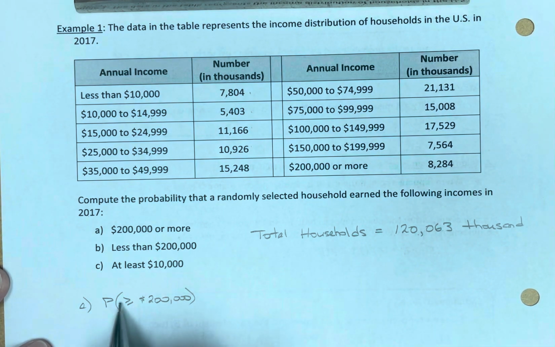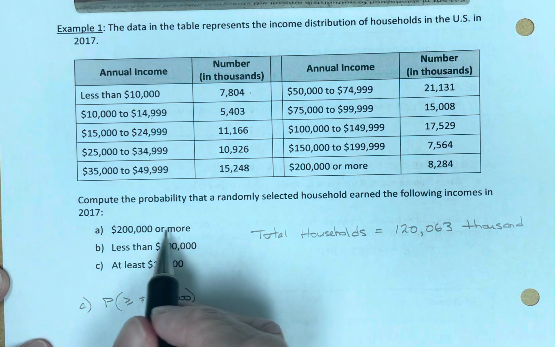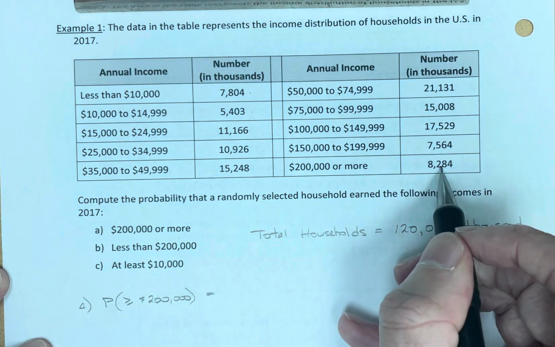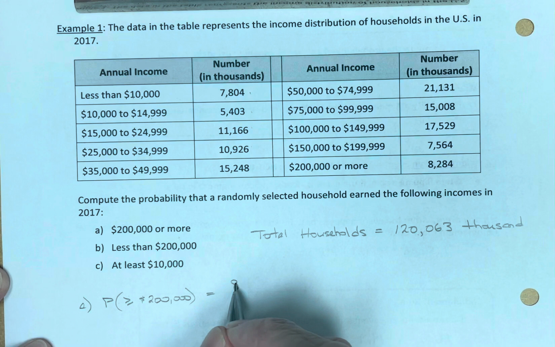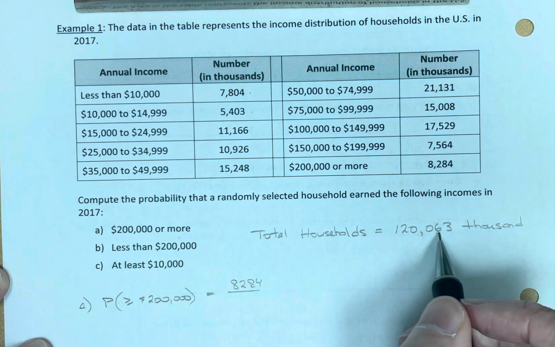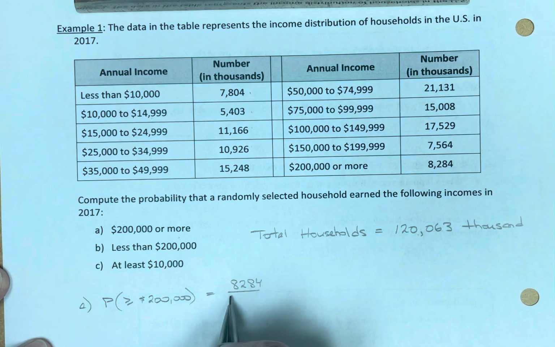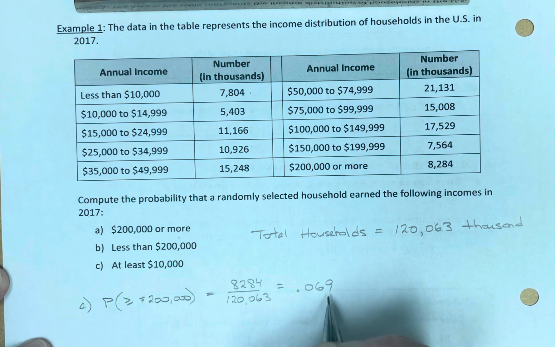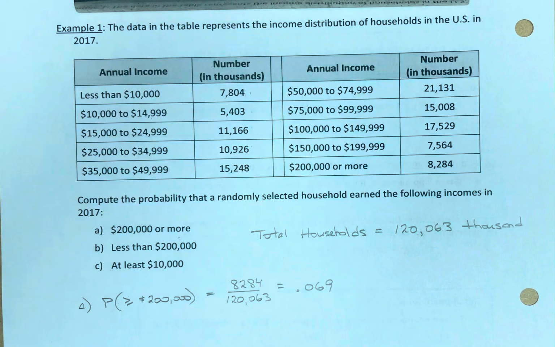So what's the probability that it is greater than or equal to $200,000 or more? Well, that one's simple. That's simply this number, 8284 divided by the total, 120,063, and this decimal is 0.069.